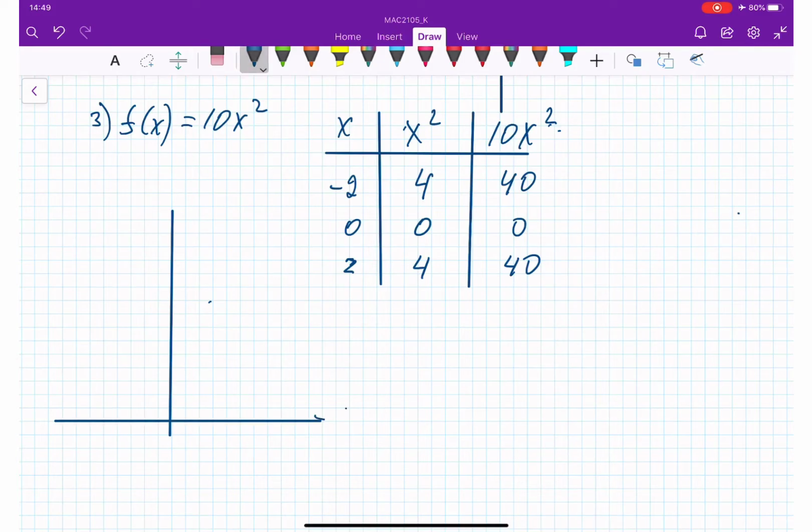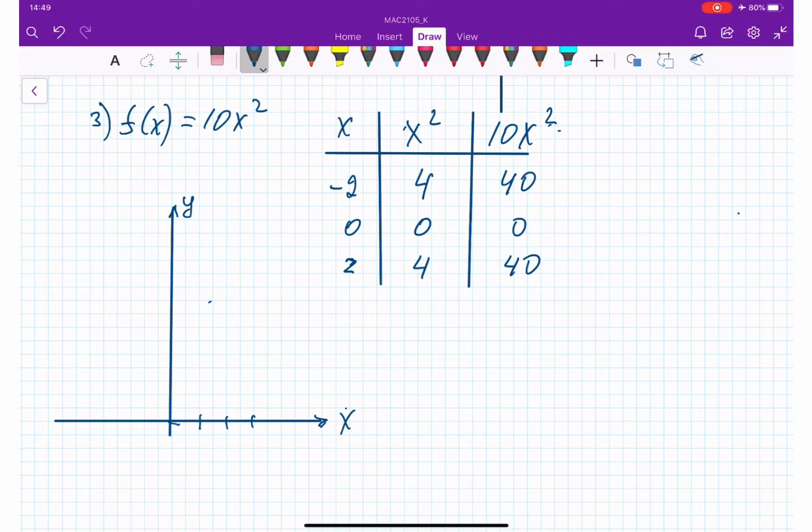Those are my axis, the x-axis, and here we have the y-axis. Okay, so here I'm going to go by 4. Let's say every two cells I'm going by 4. 4, 8, 12.